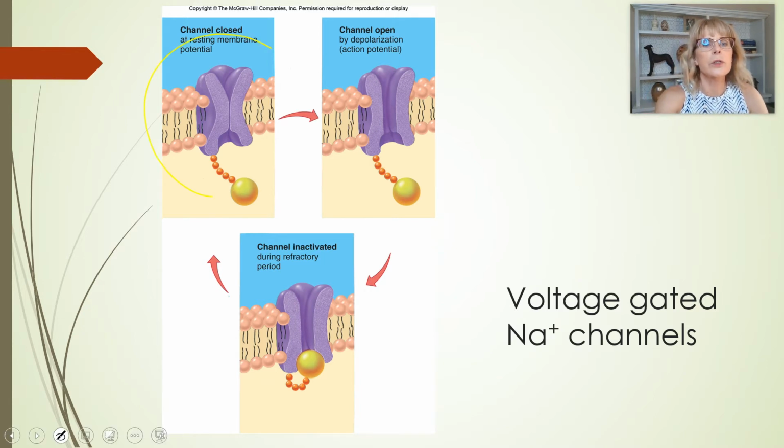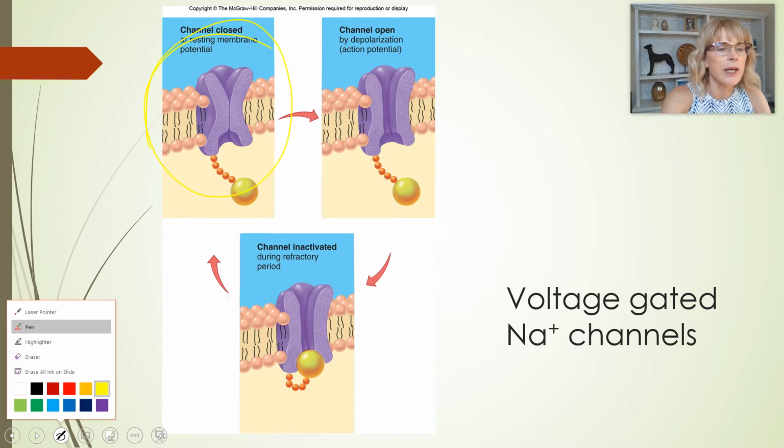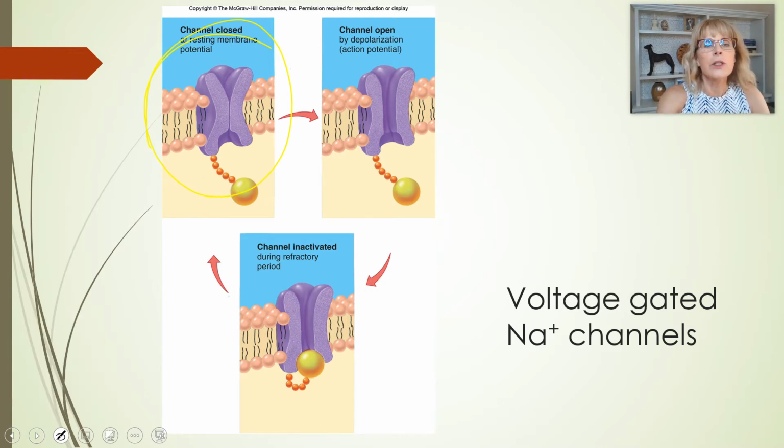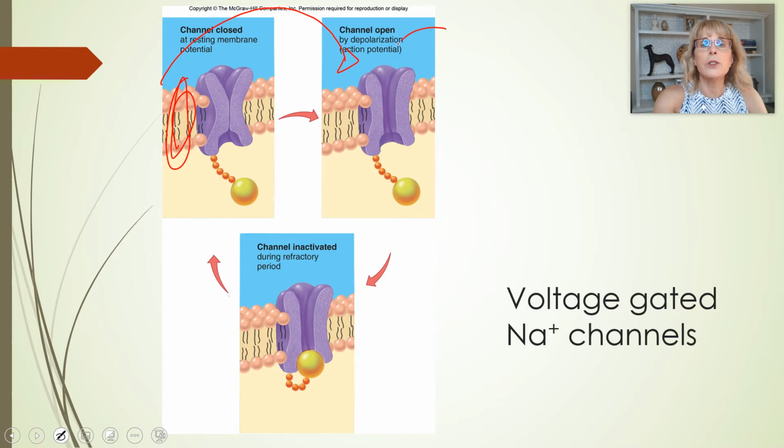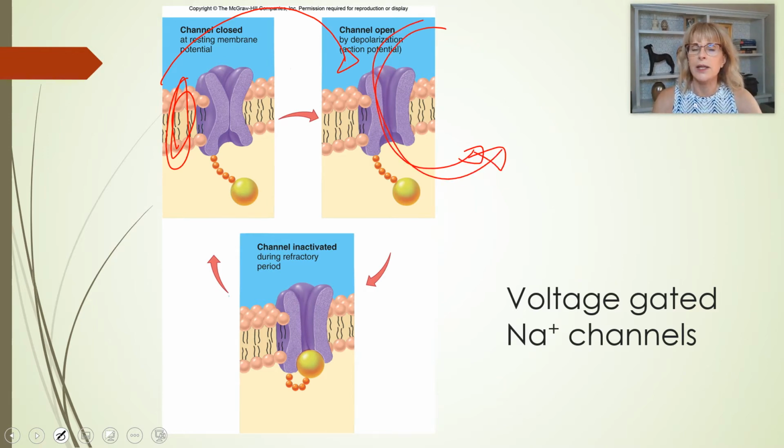So let's start with the closed setting. Here we've got the closed setting, and in the closed setting, you can see that no sodium could go through there because it's closed, right? Now, a change in voltage would cause it to open. Now that it's open, sodium can go through, sodium goes through, great.